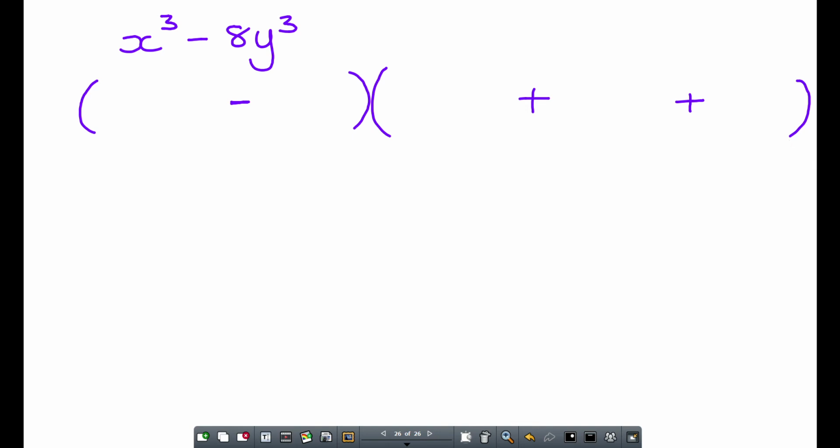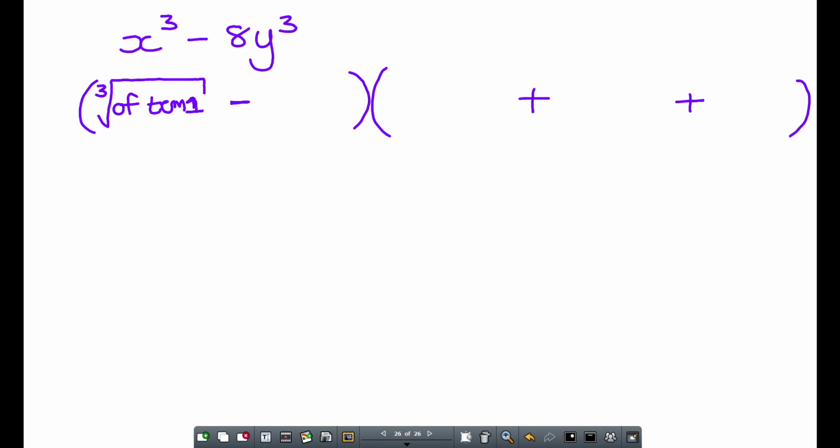Okay, nou wil ek gou vir jou verduidelik, hoe kom ek by hierdie eerste, hoe weet ek wat kom binne daai hakie? So the first term here, to get that, I am going to get the cube root of term 1.